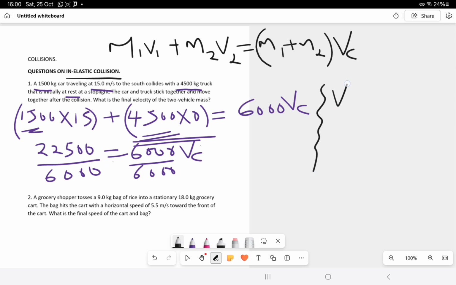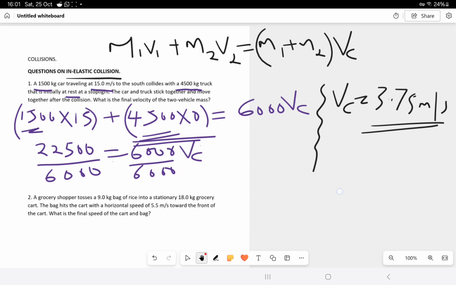VC will be equal to 22,500 divided by 6,000, using my calculator, and you get 3.75 meters per second. Good. Now we go to the other one.